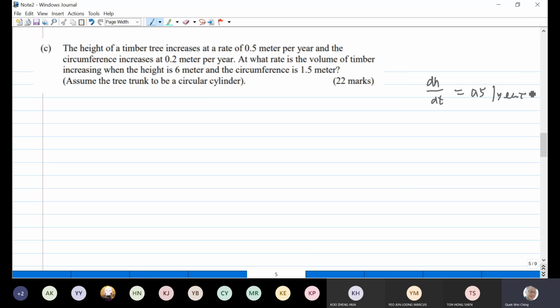And the circumference increases by 0.2 meter per year.